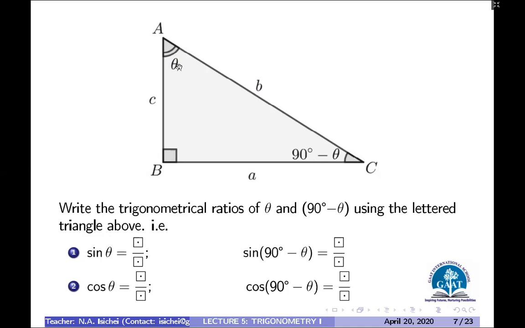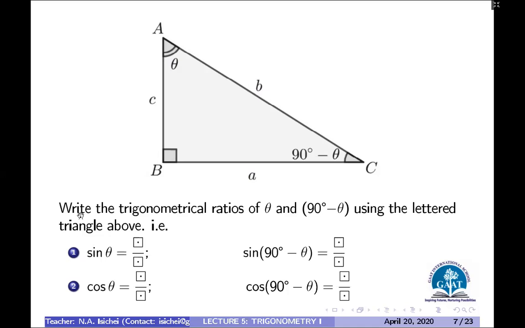So if the angle at A is given as theta, then the angle at C will be 90 degrees minus theta, because they are complementary for any given right angle triangle. Please take note of that. Any given right angle triangle. If the right angle triangle is a scalene one or an isosceles right angle triangle, the adjacent angles in that triangle are complementary.